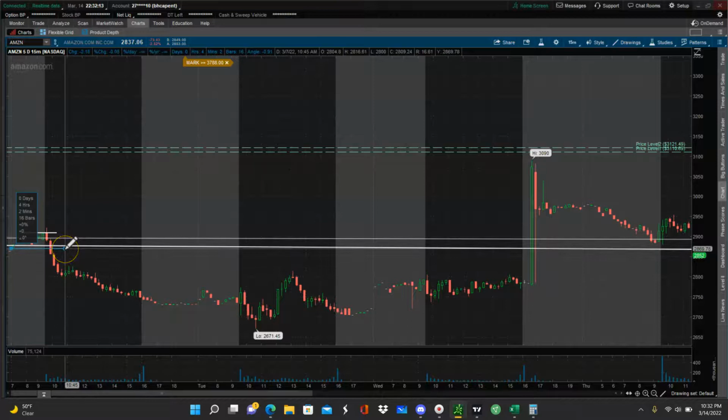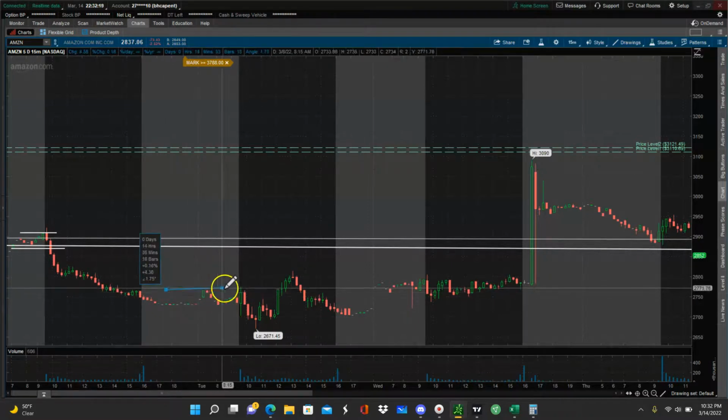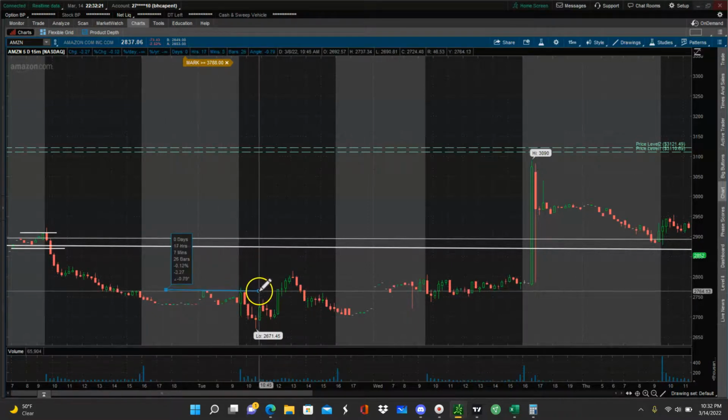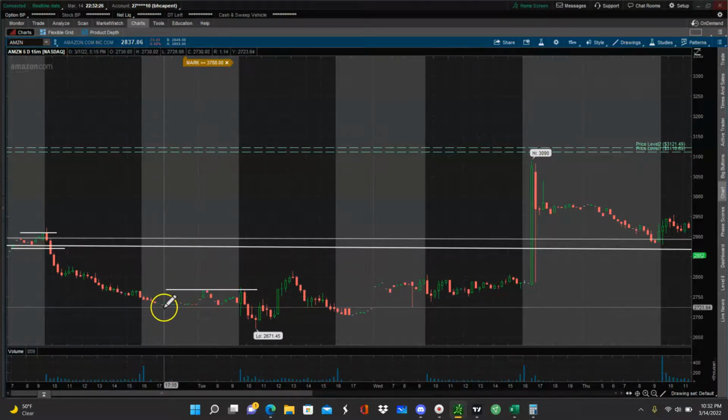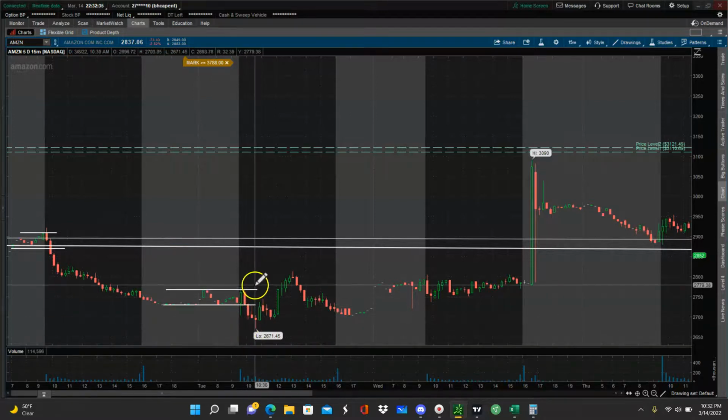Support is about right there. Here on this day. And like I said, this isn't like 100% accurate or anything like that, but probably the majority of the time it's a pretty good guide for you when just kind of setting up a potential trade.